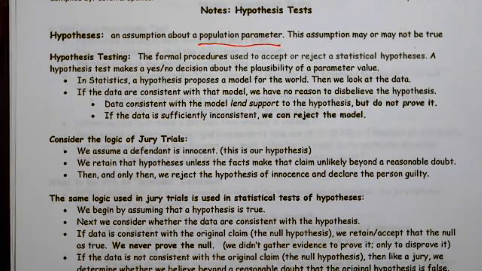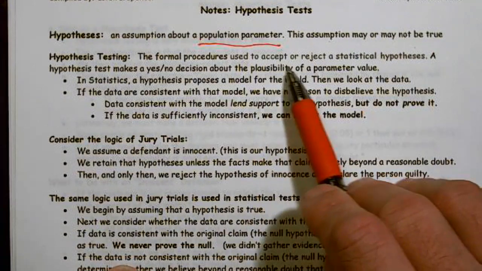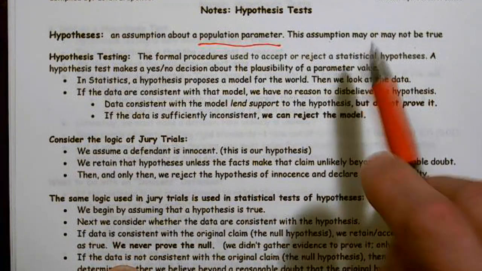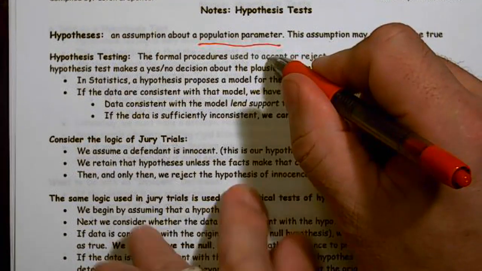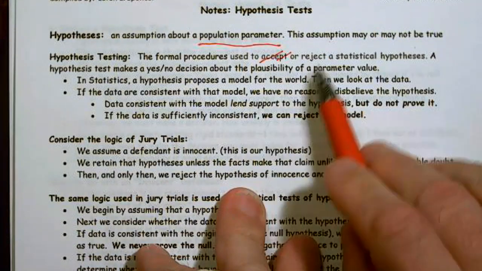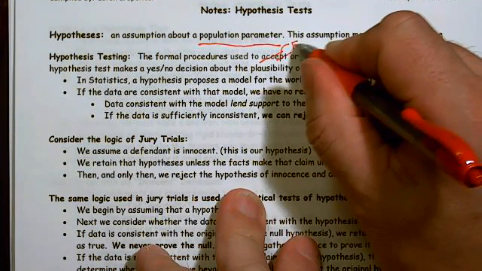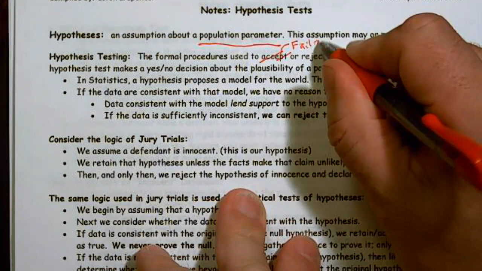Well, running a hypothesis test is just the formal procedure used to accept or reject a statistical hypothesis. And we really don't like the word accept, so we don't want to use that word. We either reject it or, instead of accepting it, we fail to reject it.